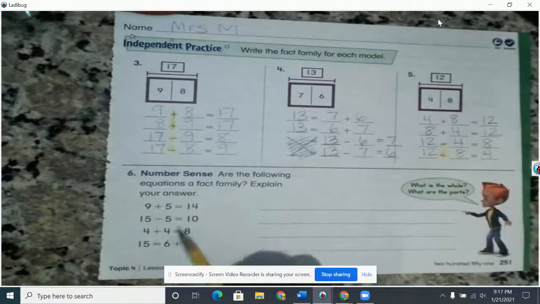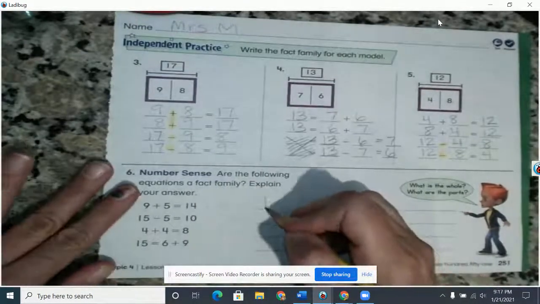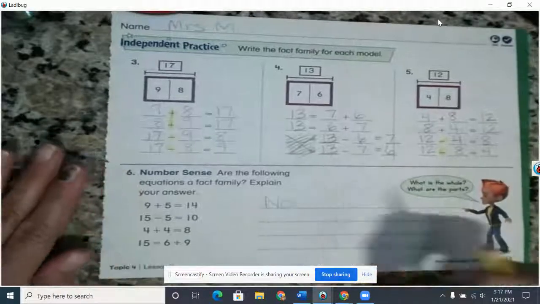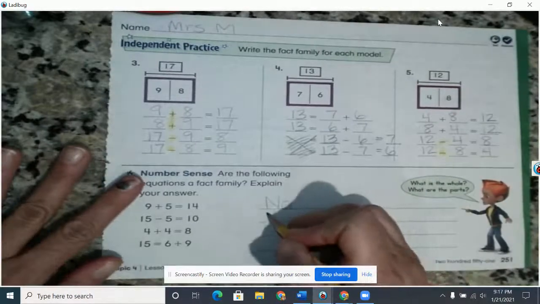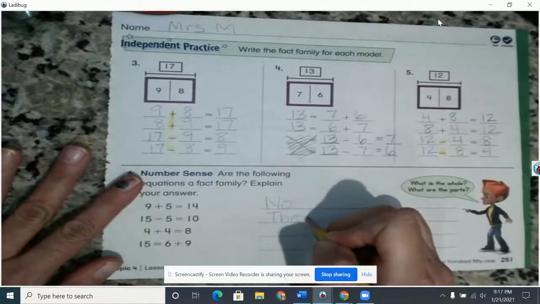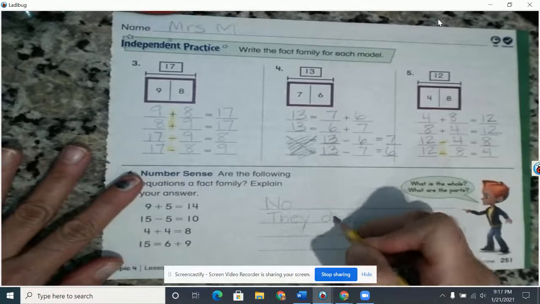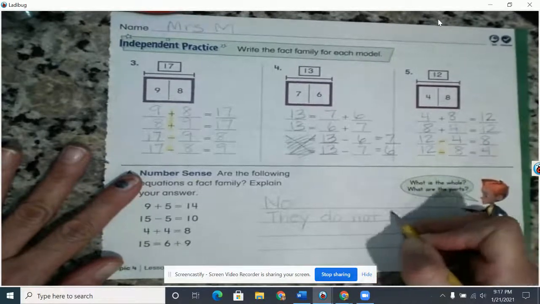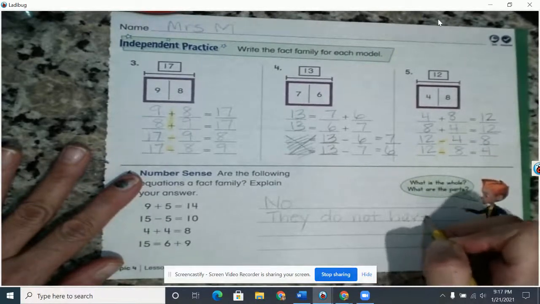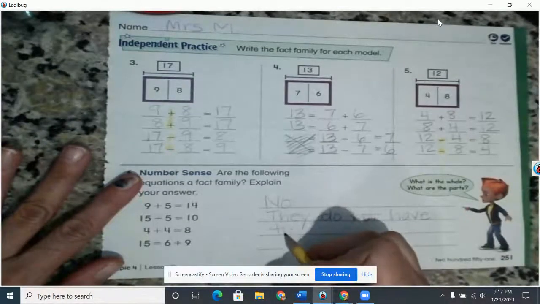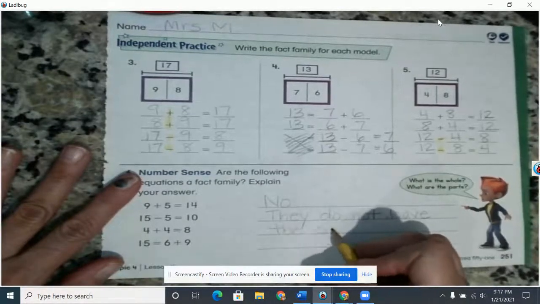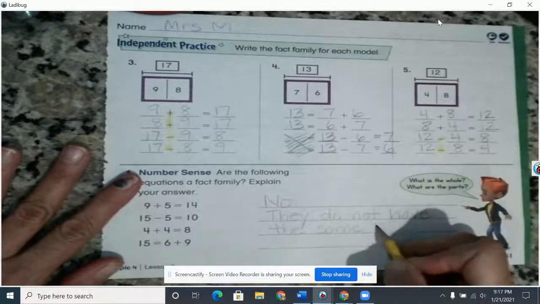So are these equations a fact family? No. They do not have the same parts.